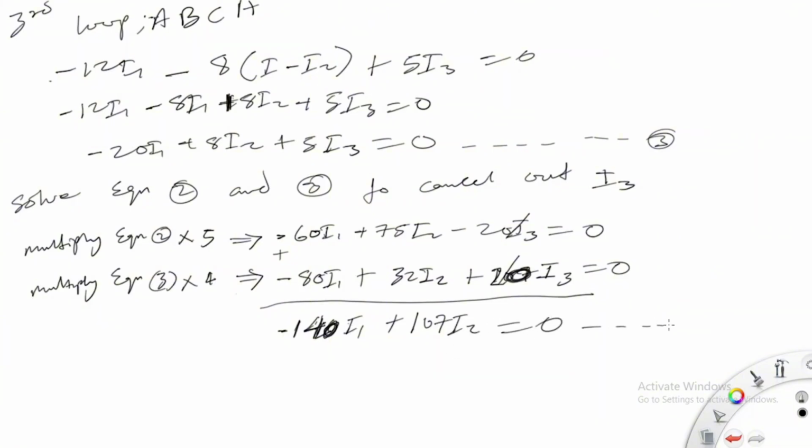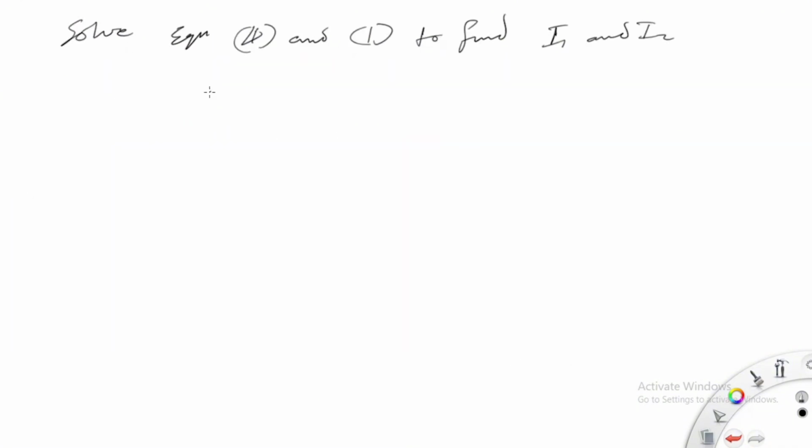Let's call this our equation 4. Let's solve equations 4 and 1 to find I1 and I2. Our equation 1 was 12I1 plus 3I2 is equal to 40. Equation 4 rather, minus 140I1 plus 107I2 equal to 0.